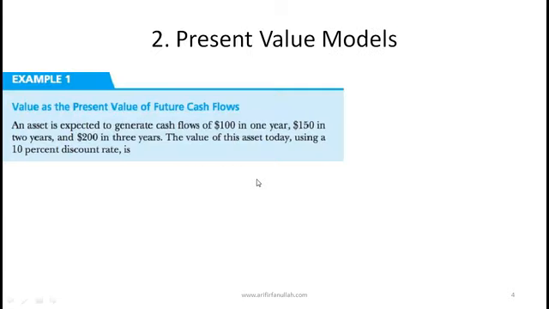Okay. Now I think if anybody can't, this is just a warm-up. If you can't do this, then you should think again about doing the exam in June. Okay. So if an asset has an expected cash flow of 100 in 1 year, 150 in 2 years, 200 in 3 years, the value today, just warm up real fast.